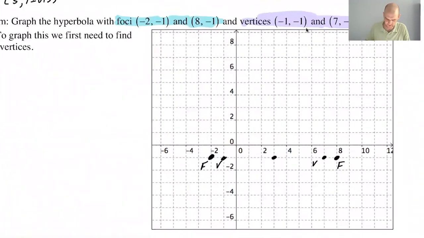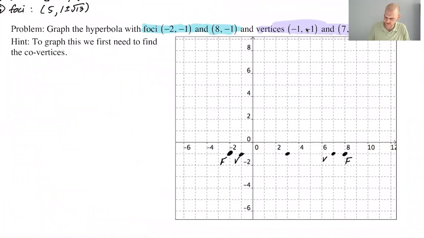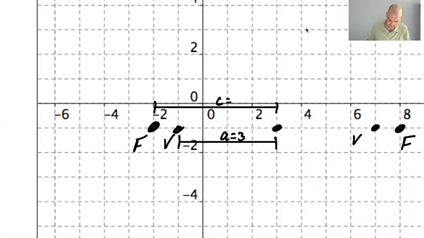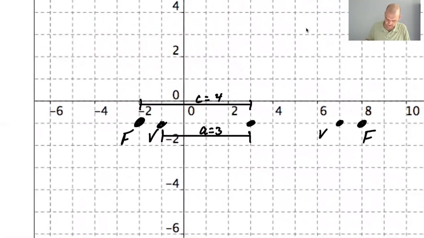Here it's not as simple because I don't know where the co-vertices are yet, so I'm going to have to work that out. Graphically it's pretty easy to figure out that a is going to be 4 and c is equal to 5.